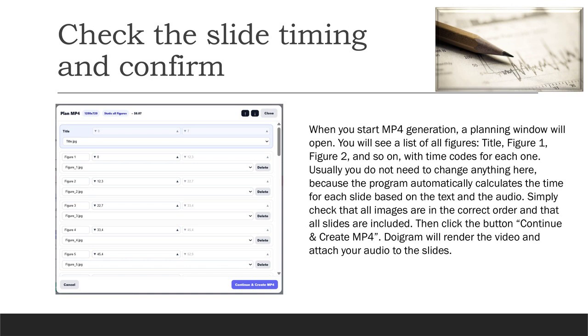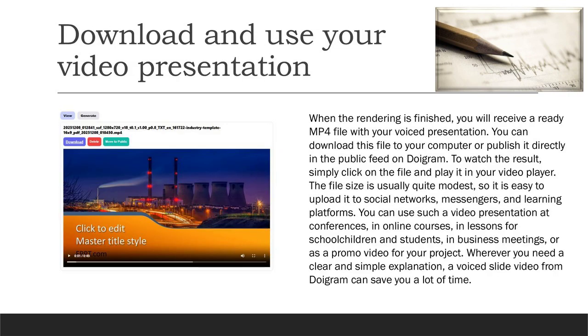Simply check that all images are in the correct order, and that all slides are included. If everything looks fine, click the button Continue, and Create MP4. Doigram will render the video and attach your audio track to the slides. When the rendering is finished, you will receive a ready MP4 file with your voice presentation.